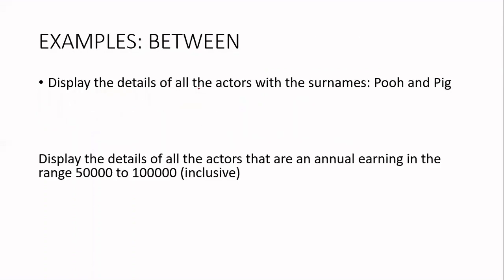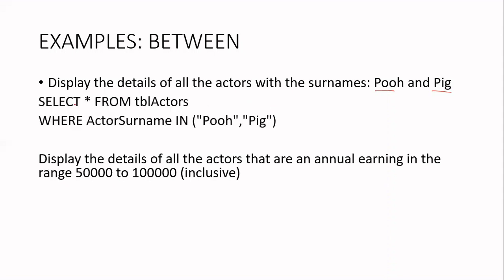Display the details of all the actors with the surname Pooh and Pig. So we want those surnames. We could say select star from TBL actors where actor surname in, and we can list the values that we want the actor surname to be.